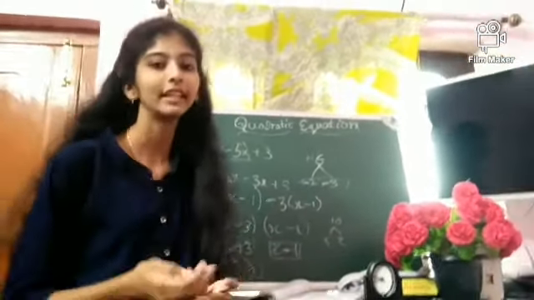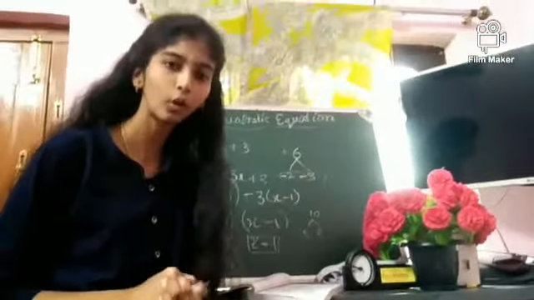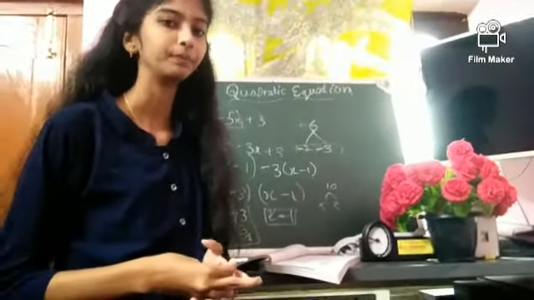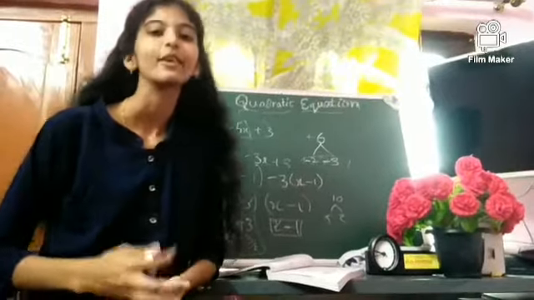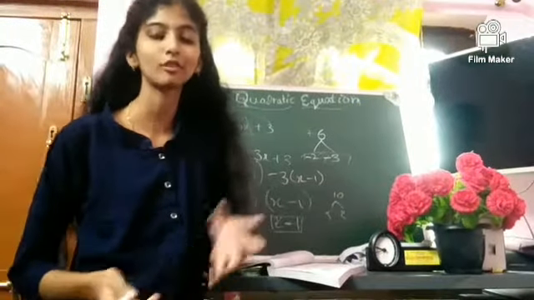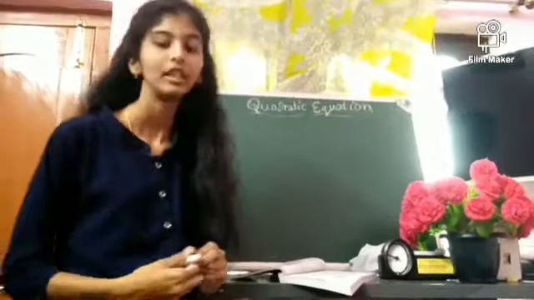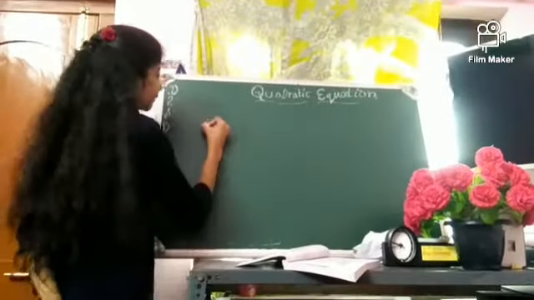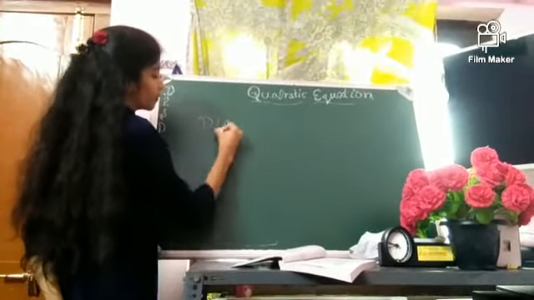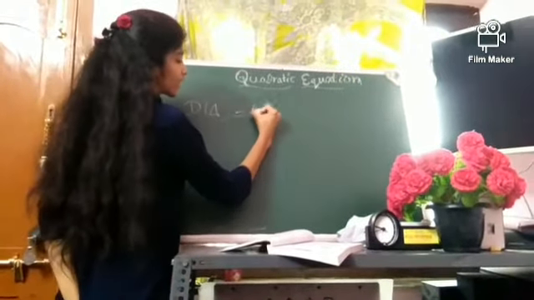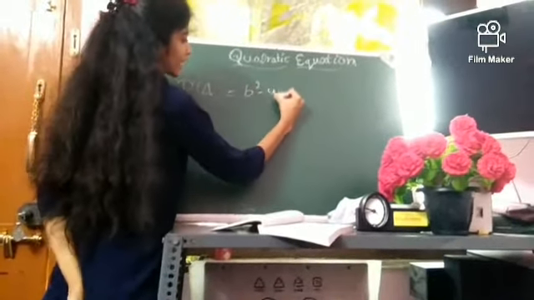Let's move further. That is finding the solutions of a quadratic equation using some other method, that is the quadratic formula, also called the discriminant formula. The discriminant is nothing but delta, and it is also denoted by this symbol. So delta equals b square minus 4ac.